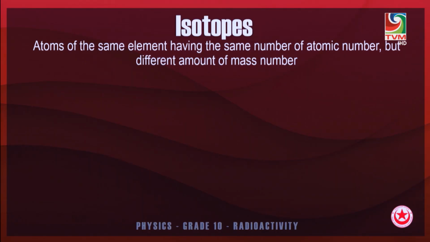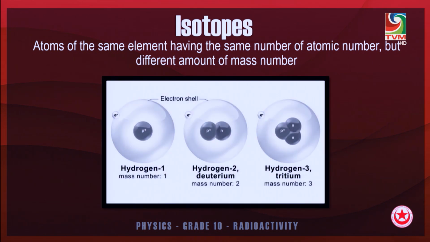When we talk about atoms, atoms come in families, which we call isotopes. What is an isotope? Isotopes are atoms of the same element having the same atomic number but different mass number. For example, hydrogen has two isotopes, deuterium and tritium.